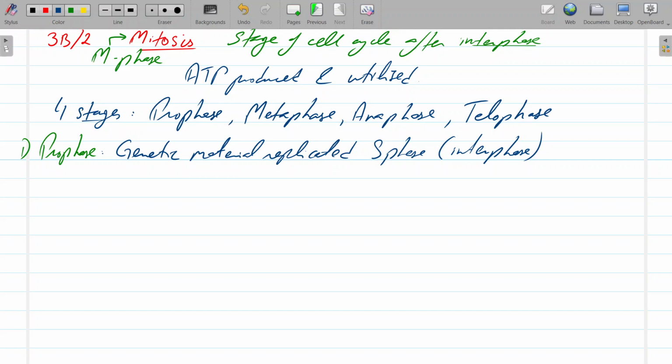And what we will see over here is the chromosomes coil up, and they have the 2 chromatids as we just saw in our review of yesterday's class.